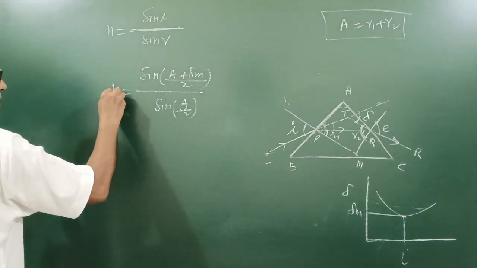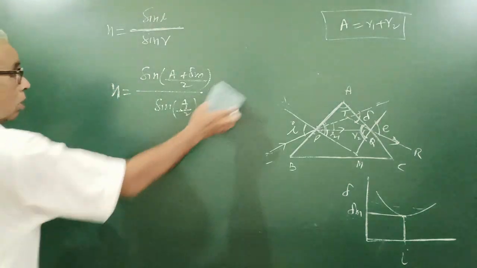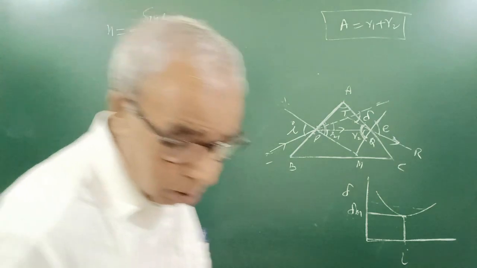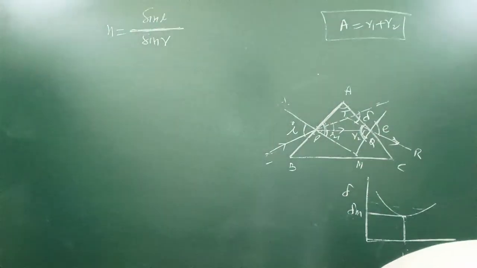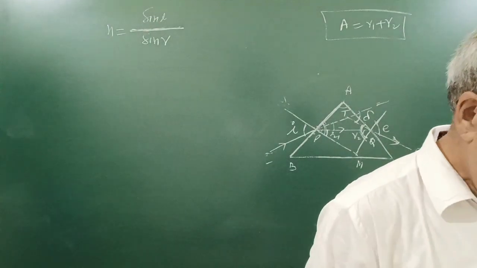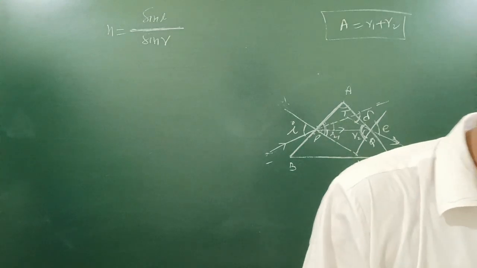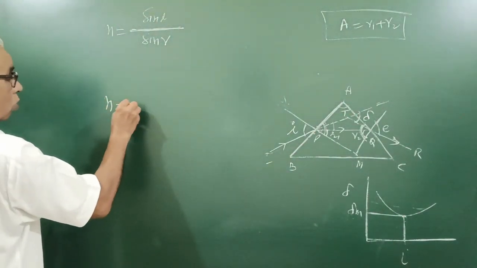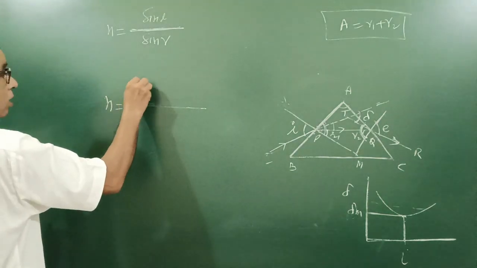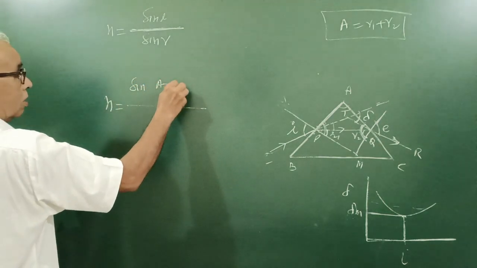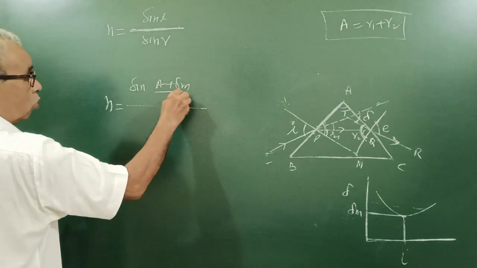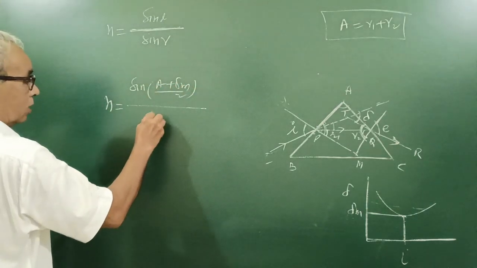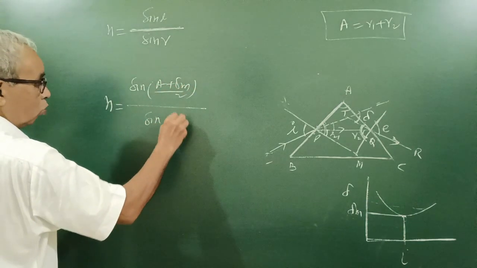N is equal to sin (A plus delta m) by 2 upon sin A by 2.